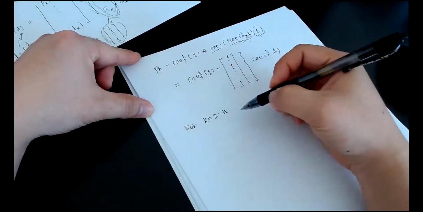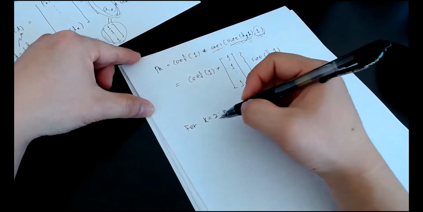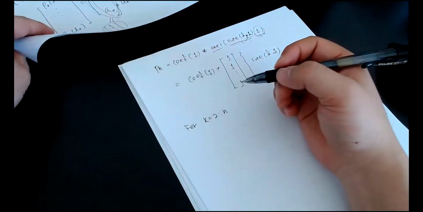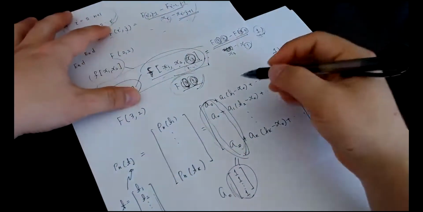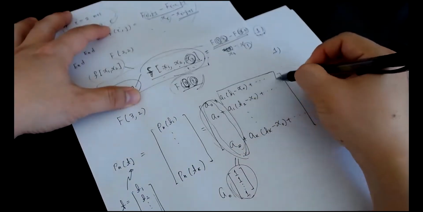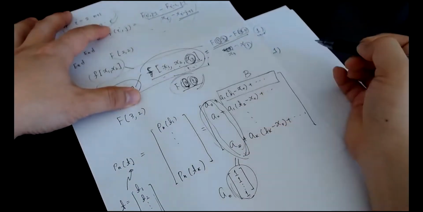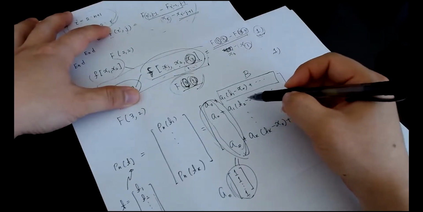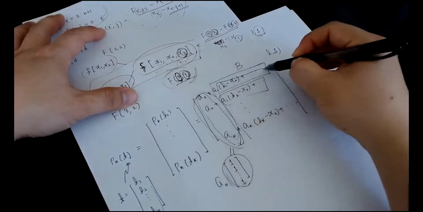So now the next one is this: for k equal to 2 to n, b. All right, so we construct b. Let's say these are b.